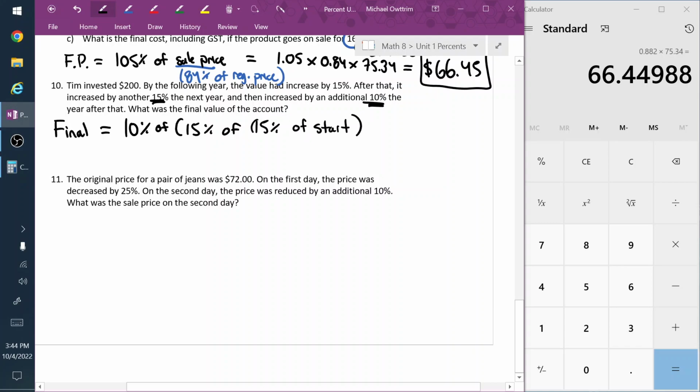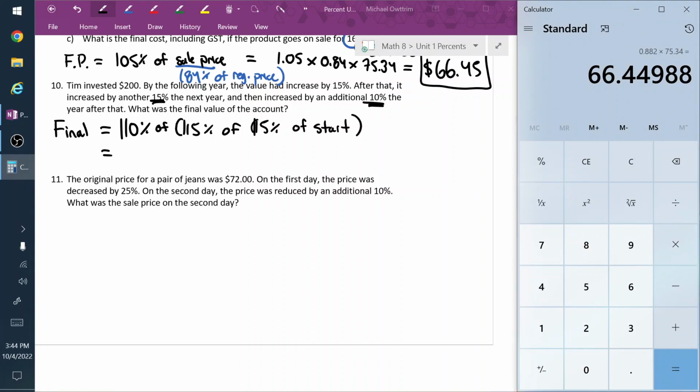Now we have actually done something here that we need to just take into account. Each of these would be the amount of change, but we want the amount in the account. So again, we want to add 100 to each of these. So 110, 115, and 115 there. Let's go ahead and calculate that out.